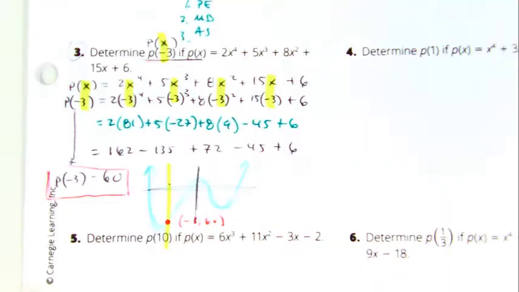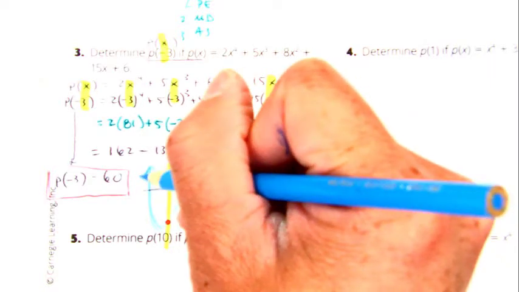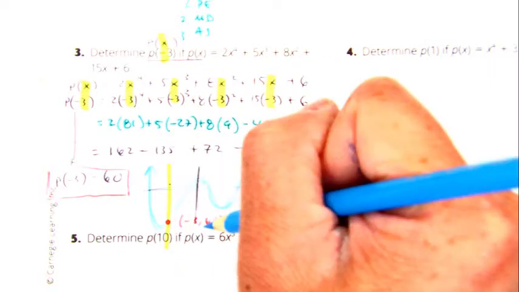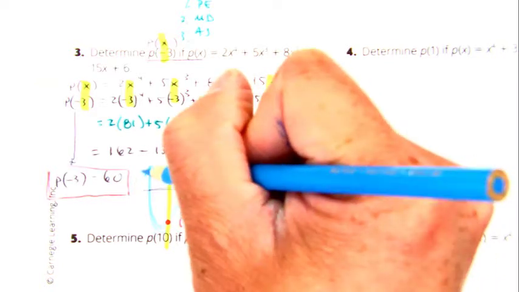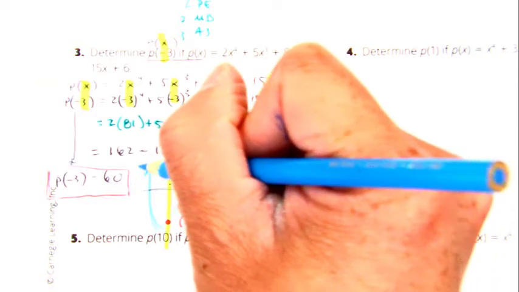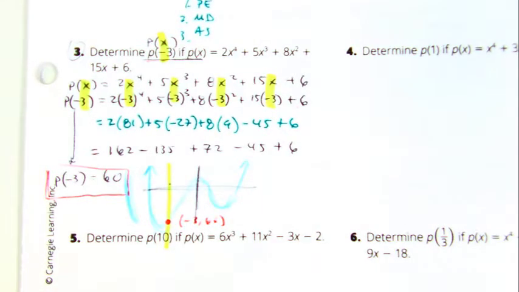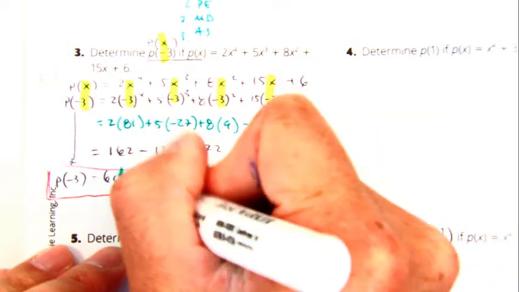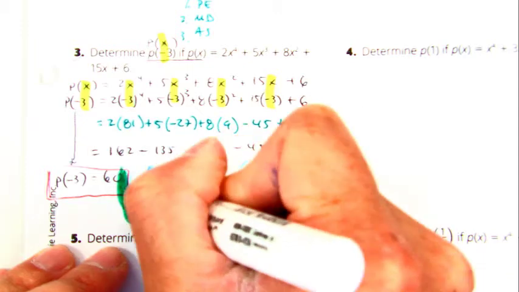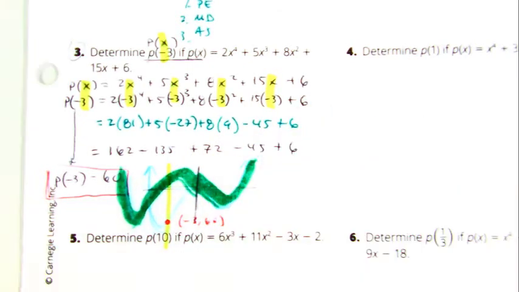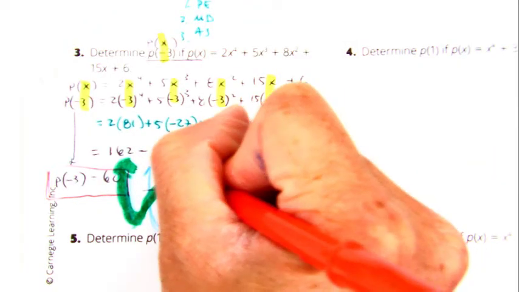So my graph, maybe move it over, I don't know. Because they were saying that's positive 60. My fault. Maybe the bump's over here. It would still be above the x-axis, so it would move over.